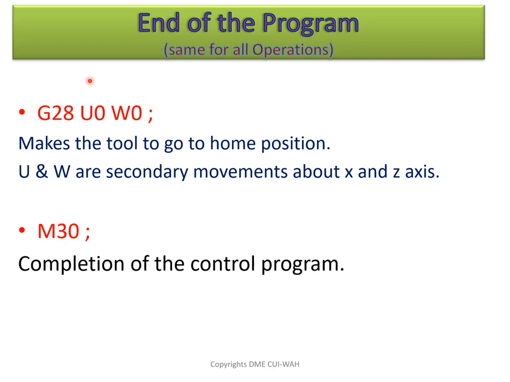At the end there is M30. M30 is used for the completion of the control program. It is always used at the end of the program. Now here our program is complete at M30.